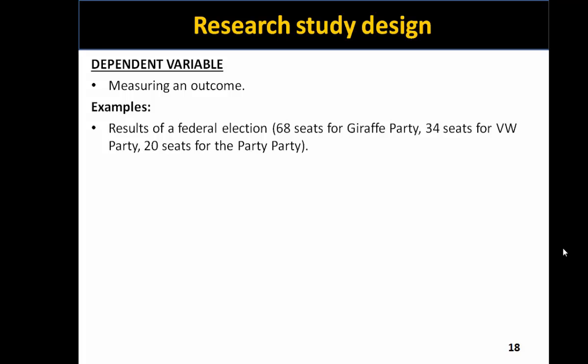So one possible outcome of a federal election is, as you can see here, the Giraffe Party earns 68 seats, VW 34 seats, and of course the Party earns 20 seats. That's where it stops in terms of the numerical process.